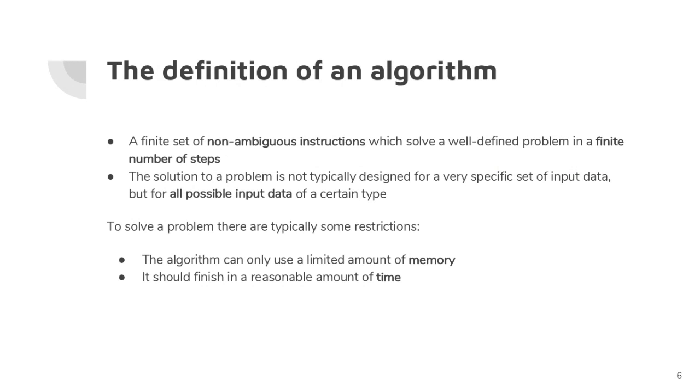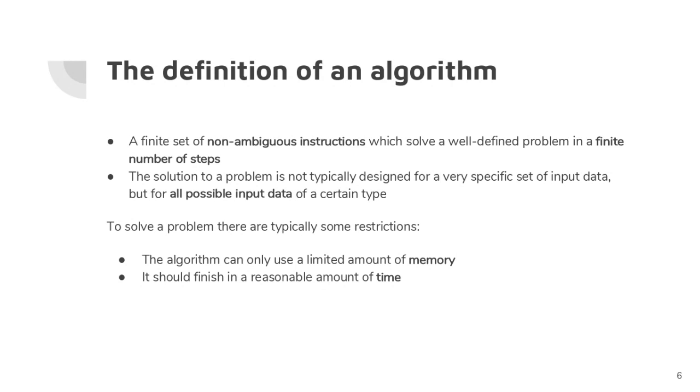So the definition of an algorithm. An algorithm consists of a finite set, a small number of instructions, and together this set of instructions solves a well-defined problem in a finite number of steps. So obviously, if your program or your algorithm is going to run forever, that's not useful.